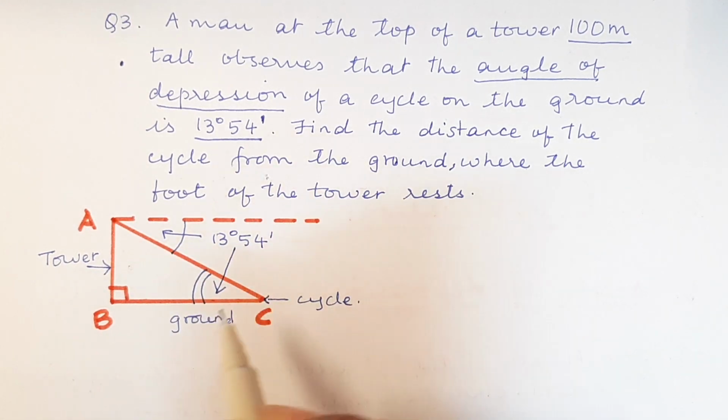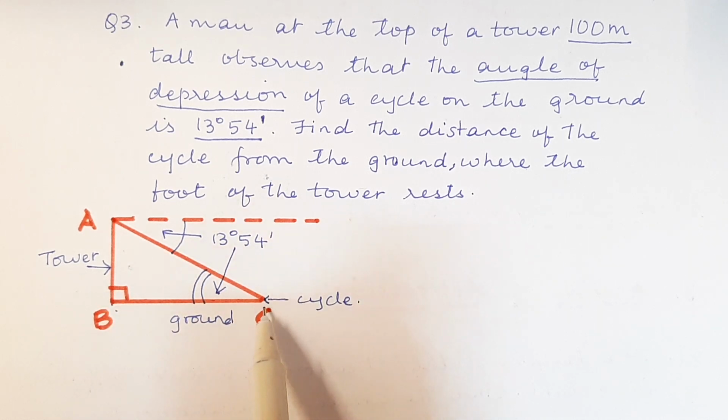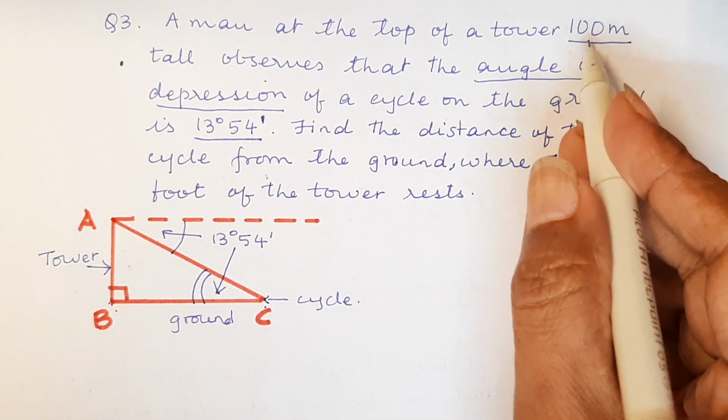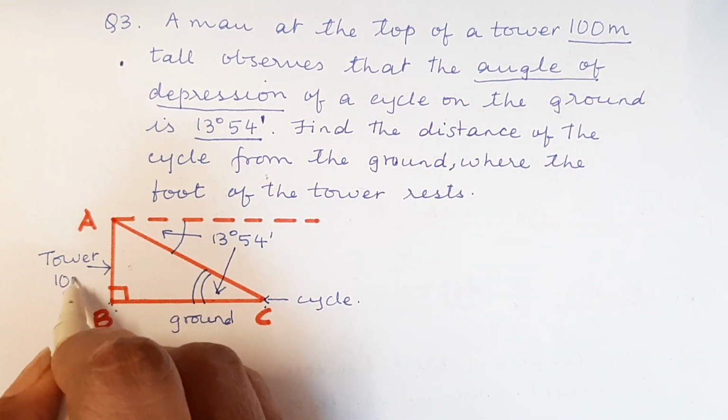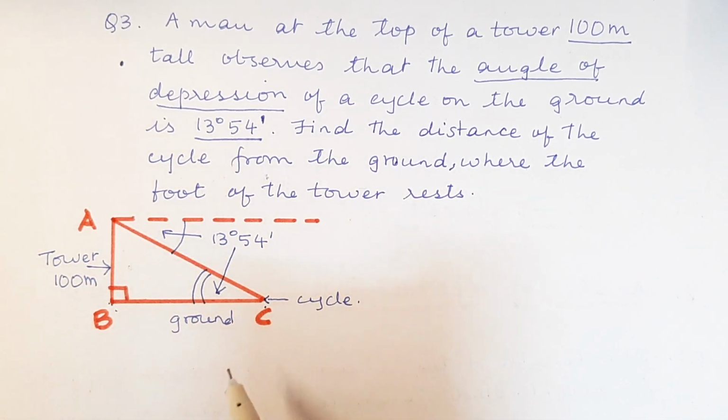So we have, for this angle of triangle ABC, we will connect with the tower and with the distance of the cycle, which means the tower is AB. How much is the height of that? Can you see? It is 100 meters. And so we connect 100 meters with this BC. Now let us see how we proceed.